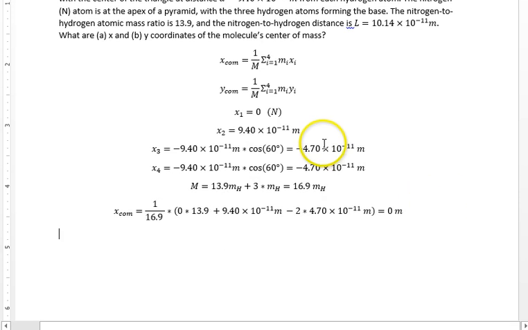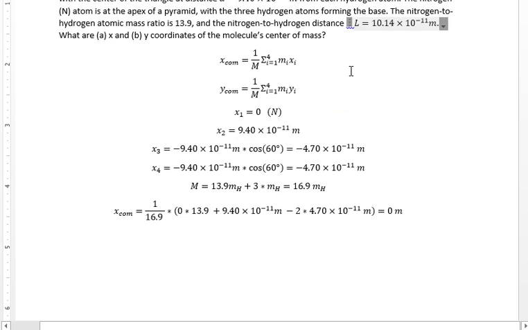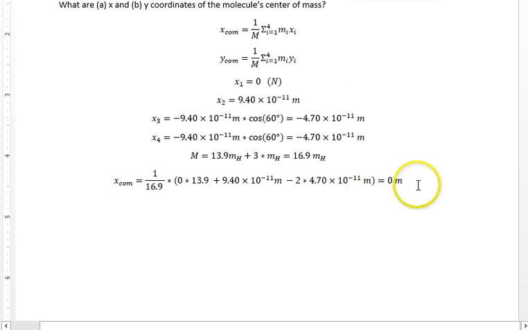Okay, now we have to work out the same thing in y. Well, in y, the only issue is where is the nitrogen, and why do I say that? Because the nitrogen is the only one not at y equals 0.